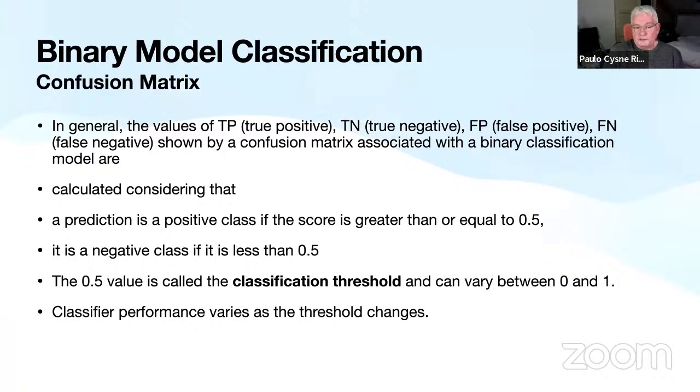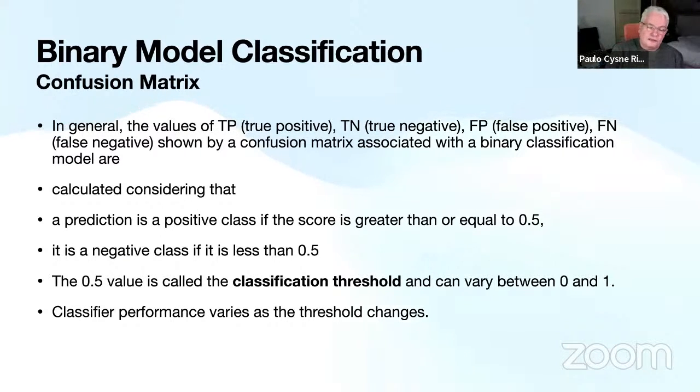And when the probability is less than 0.5, it's considered the negative class. So the 0.5 is called the classification threshold. And as I told you, it can vary between 0 and 1, because the model outputs a probability that a certain instance belongs to a class.